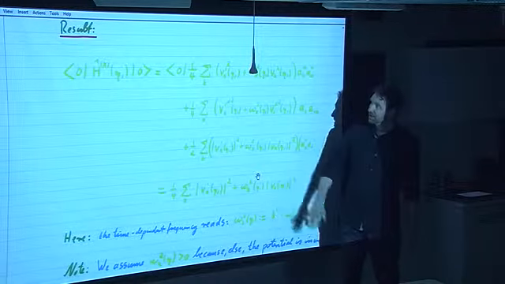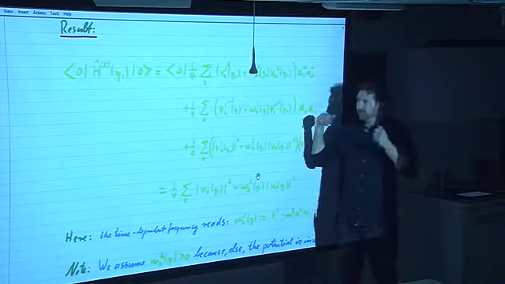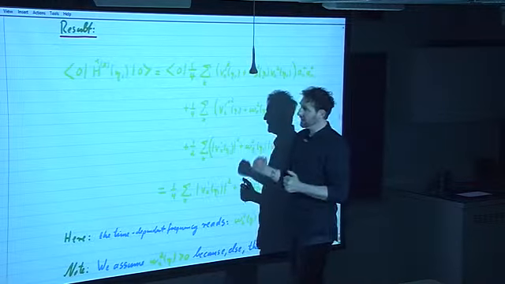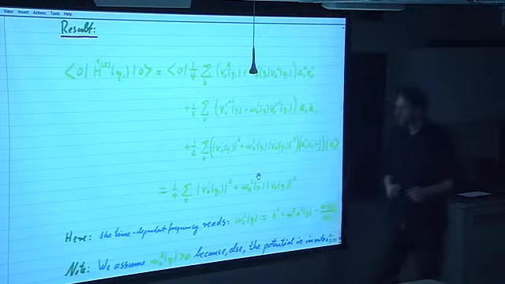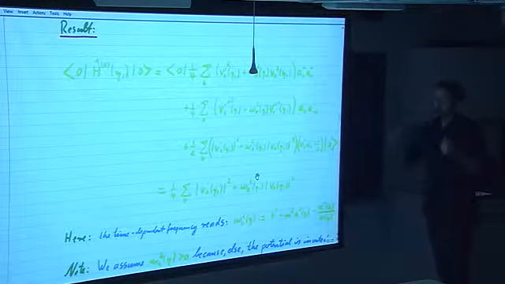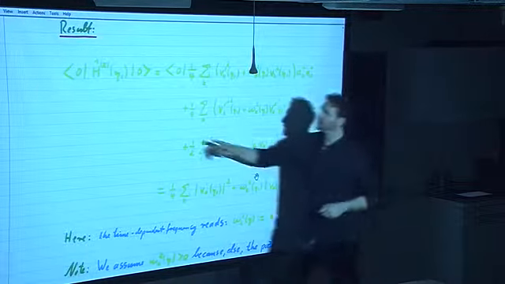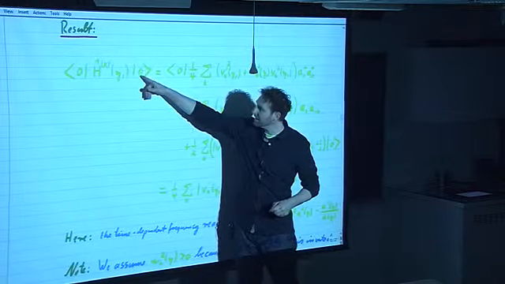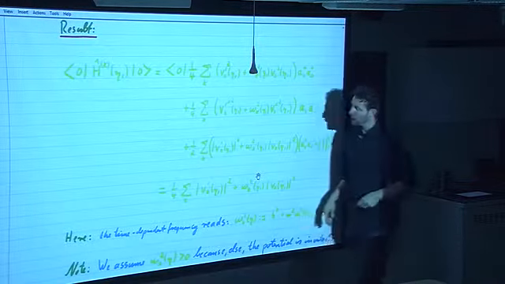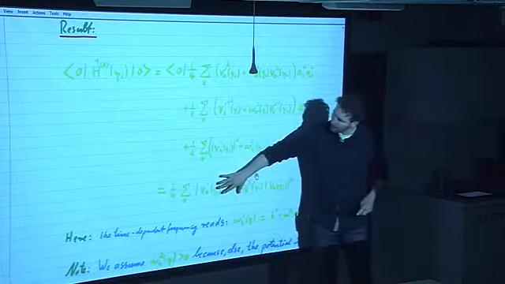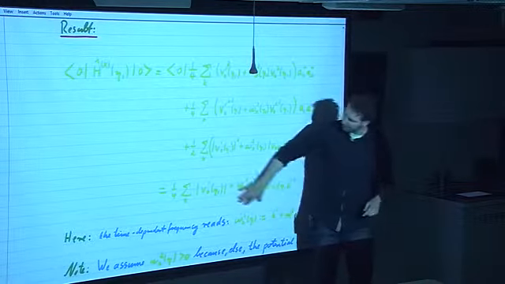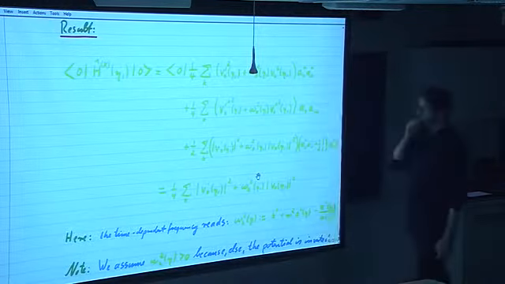So what we calculated is the expectation value of the energy as a function of which mode function you choose. The expectation value of the energy in that state 0 here, dependent on the mode function that you choose, dependent on the v and the v prime that you choose.